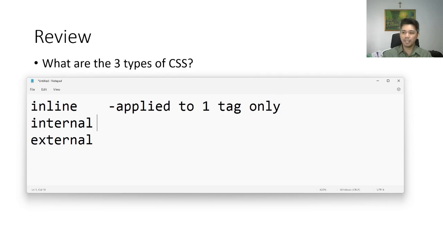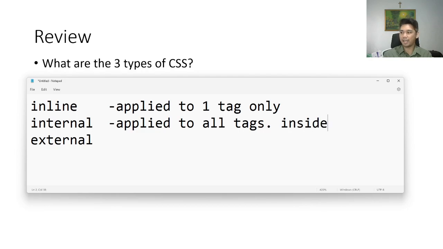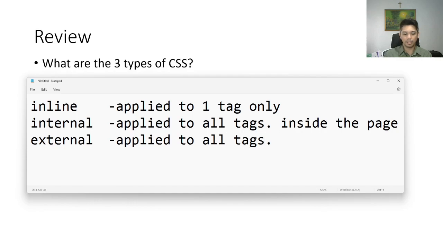For the internal CSS, this is applied to all tags and it is written inside the page, inside the head tag in particular. For external CSS, the same with internal, the styling is applied to all tags, but it is written in a different file.